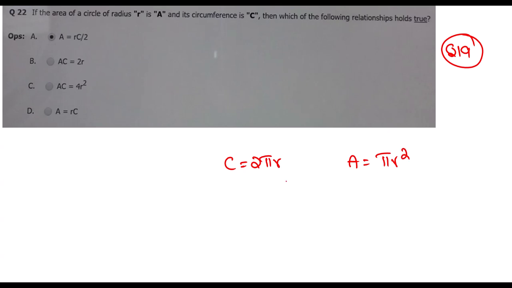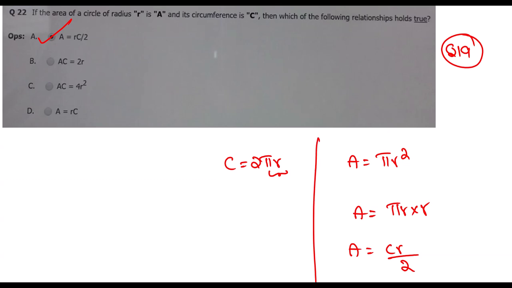To bring a relation between these, pi r should be replaced by c by 2. Pi r square can be written as pi r into r, so it is c r by 2. So the first option is correct. C into r or r into c, that's not a big deal. This is a fairly easy question.